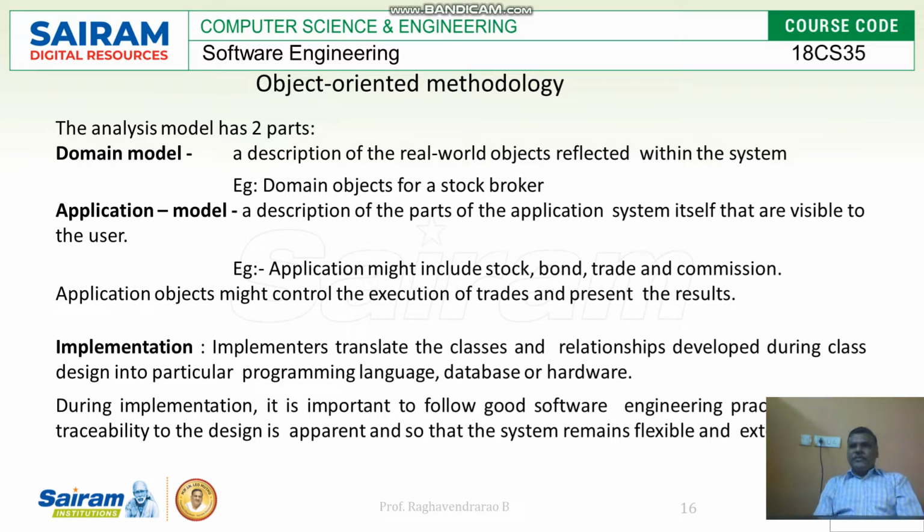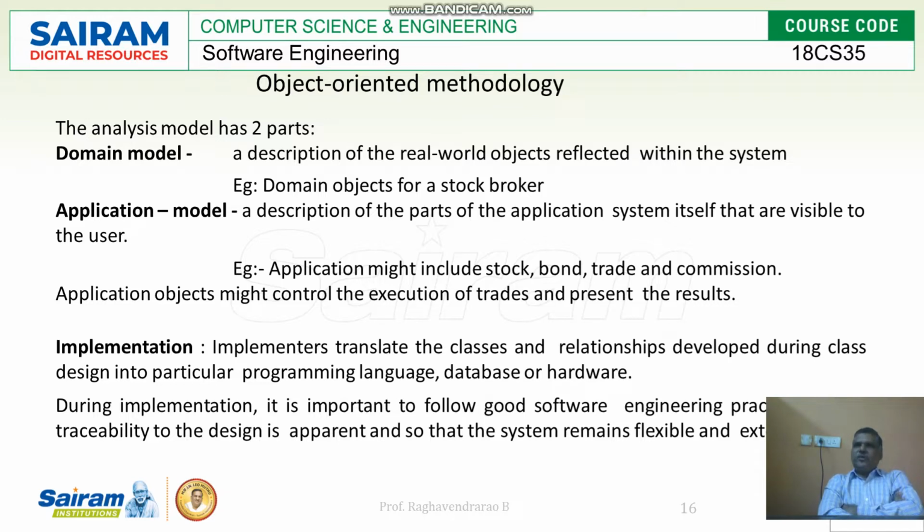The analysis contains 2 parts. Again, domain model and application model. Domain model is going to have the real-world objects. So you must know what are the things that it is going to present and how that is going to get executed. Domain knowledge is domain objects, for the stockbroker. It's one of the application areas where you must know everything about the stockbroker information.